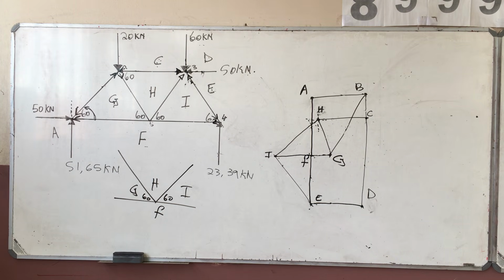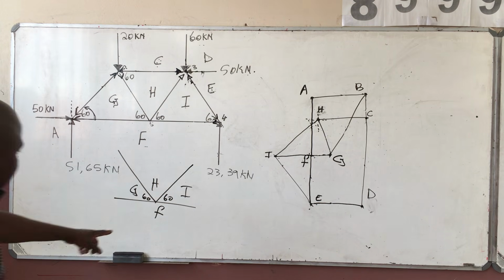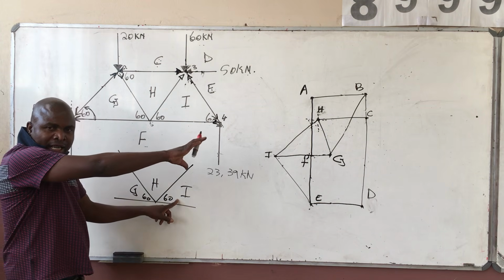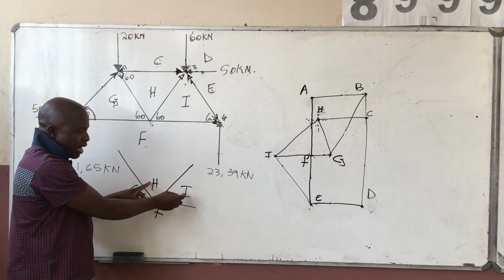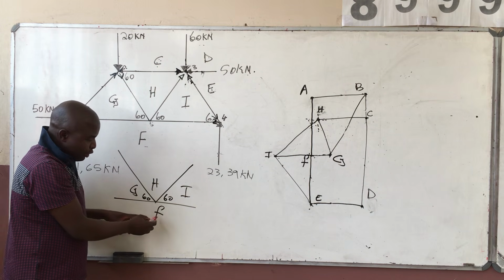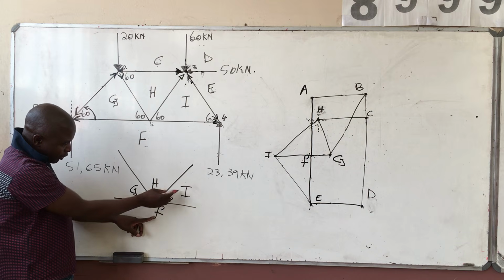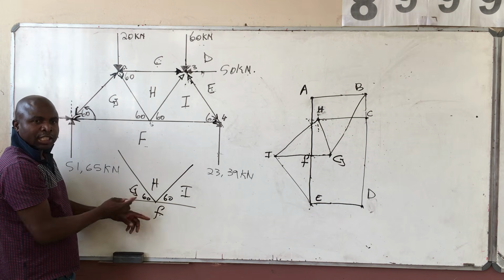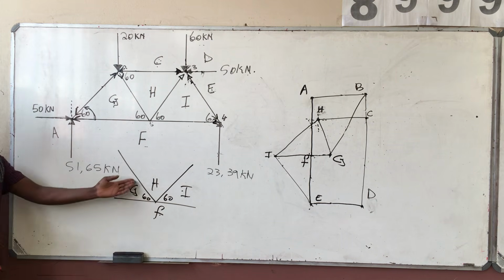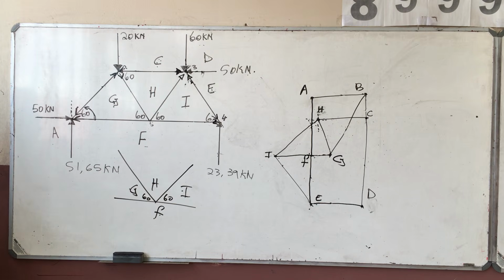For you to know which one to start with, just check all the points there. If you have point I in our vector diagram, you can start with either HI or IGF. If you have F, you either start with this one or this one, depending on which one we have. Again, here all of them are unknown, and none of them have direction. So which one can we start with?